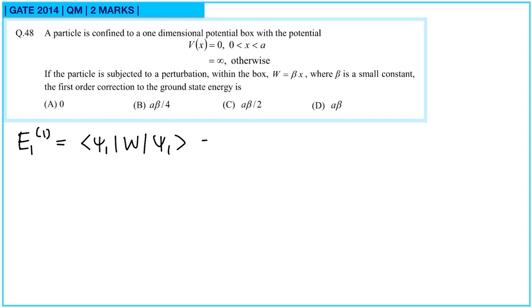Now psi 1 is the ground state wave function, and this is given to us. This is beta x. So beta is a constant, so we can take it out. This is ⟨psi 1| x |psi 1⟩, and this is the average value of position only.